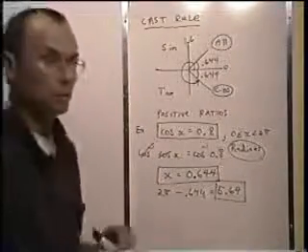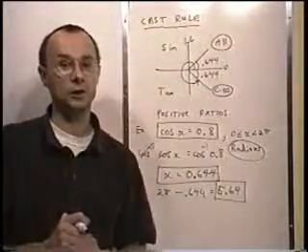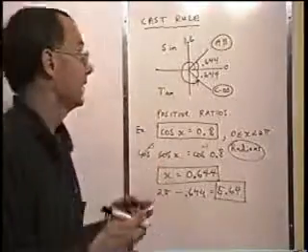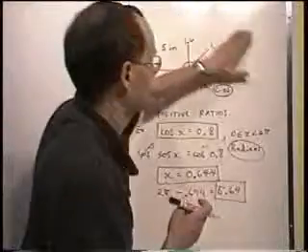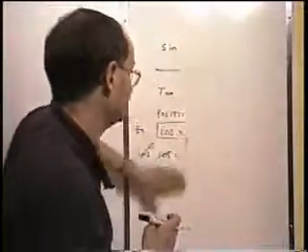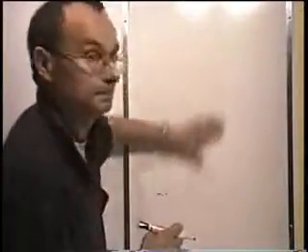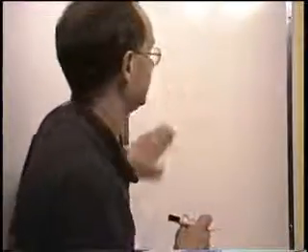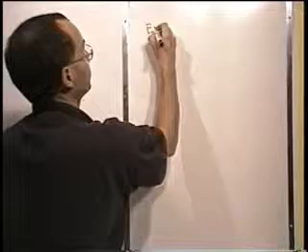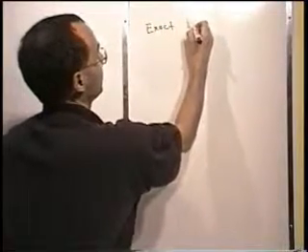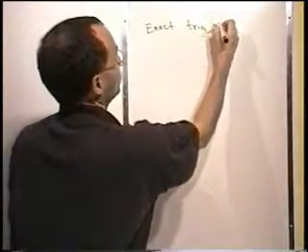Okay, we have one last topic to look at, the beginnings of various trig equation solving. And the key word is that the following trig ratios are exact. So these are exact trig ratios.